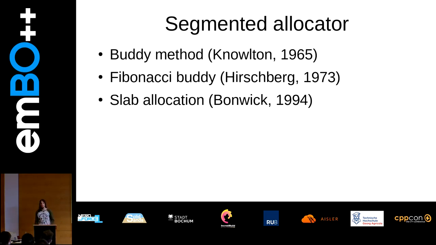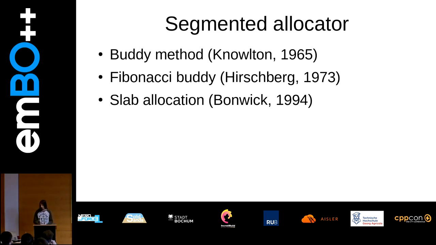So for instance, if you have a memory size of 16, then the buddy allocator would split that into 8, and then into 4, and then into 2, and single bytes. So every time you make an allocation, for instance of size 3, it always gets increased to size 4, because that is the next size up.